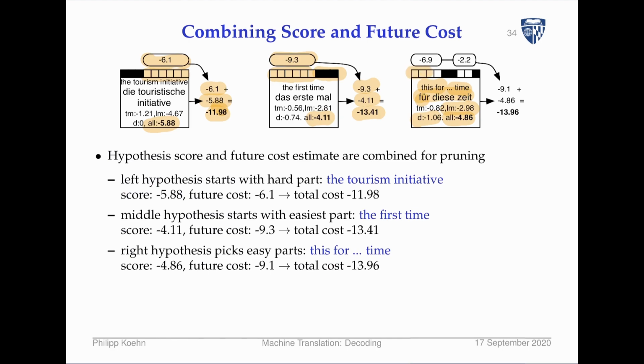But we still have to translate this span, which costs 6.9, and we still have to translate this span, which costs 2.2. So putting everything together, it also becomes pretty bad. So what we're comparing at this point is the combination of cost so far and future cost: "tourism initiative for the first time", "this for time".